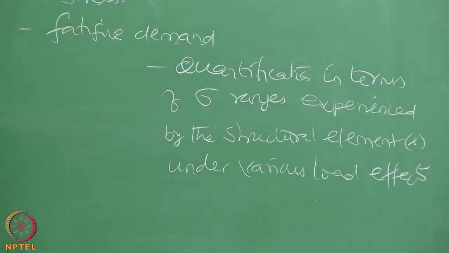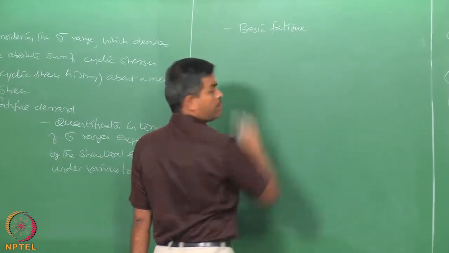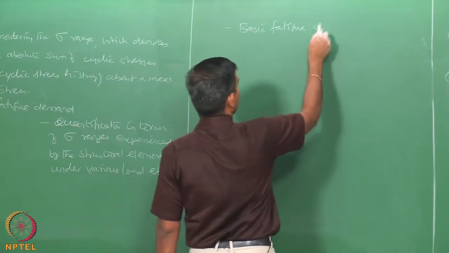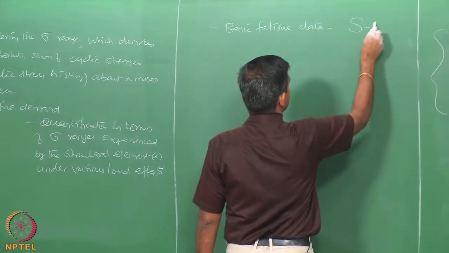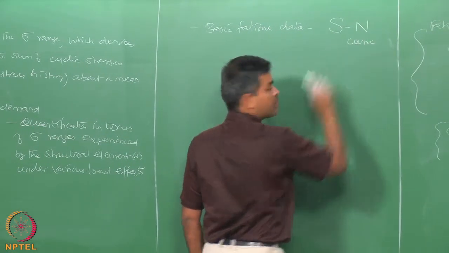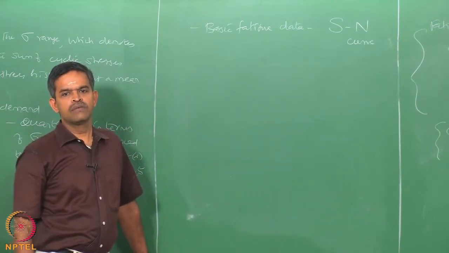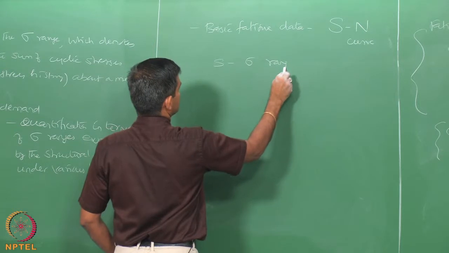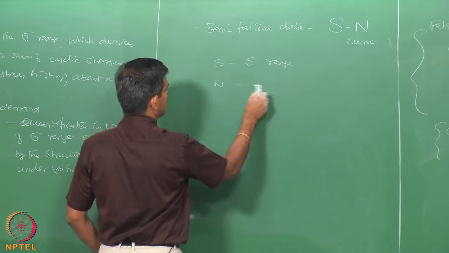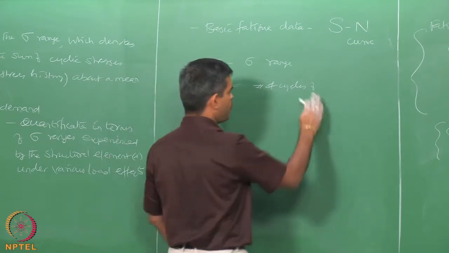Basic fatigue data has a very strong relevance to the SN curve. SN curve actually represents the stress range and the cycles of failure. So, S is the stress range and N is number of cycles to failure.